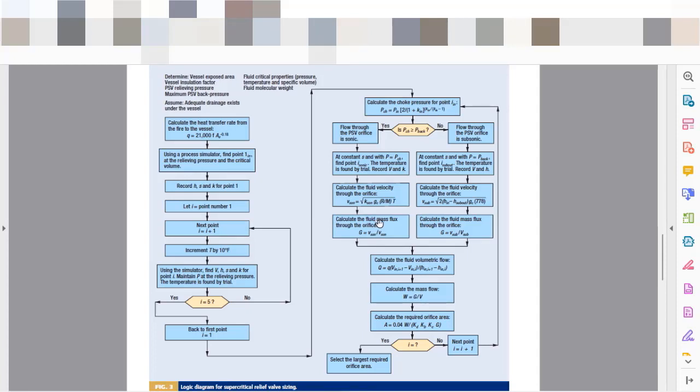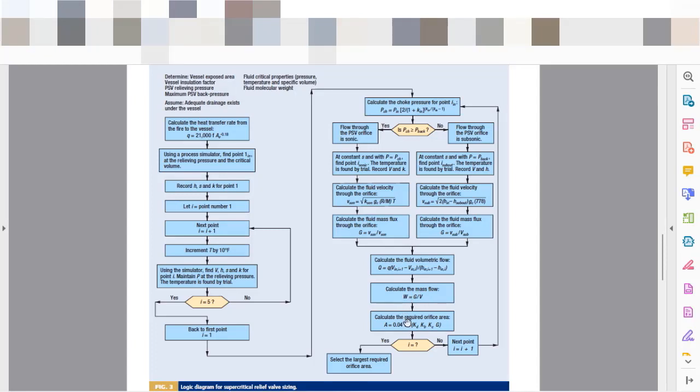That's why we need to use the properties of the fluid based on the choked condition and not the release conditions. Based on the heat input and also the delta specific volume divided by the delta enthalpy, it's possible to calculate the fluid volumetric flow, and with the fluid volumetric flow and the specific volume of the fluid, it's possible to calculate the mass flow of the system.